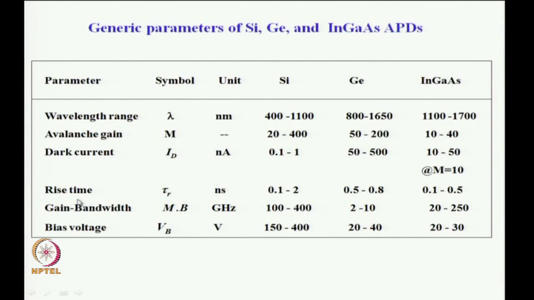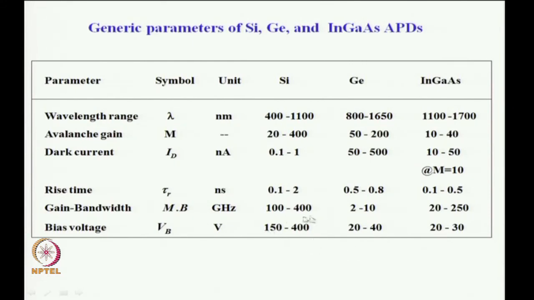The rise times are typically sub-nanosecond, a fraction of a nanosecond, and the gain bandwidth is again similar numbers, hundreds of megahertz to a few gigahertz, and one can have detectors with very large bandwidth. As for the bias voltages, earlier we had 5 to 10 volts, but now we have bias voltages of 50, 100, typically tens of volts.